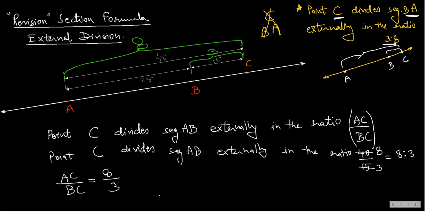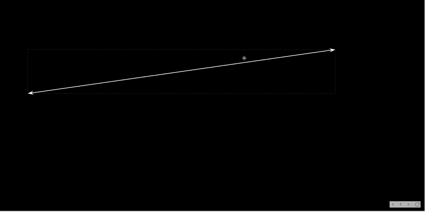We can now write the formula for external division. So what I will now do is go for a diagram with the general statement. In general, we will not take a specific ratio. We will take ratio m:n.